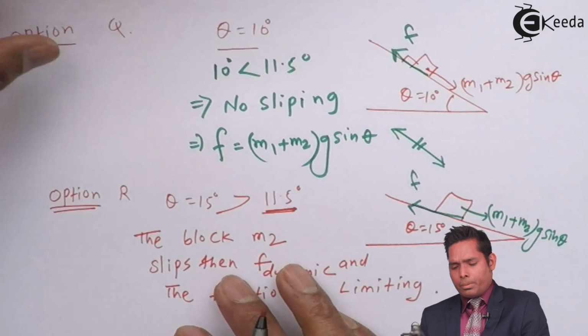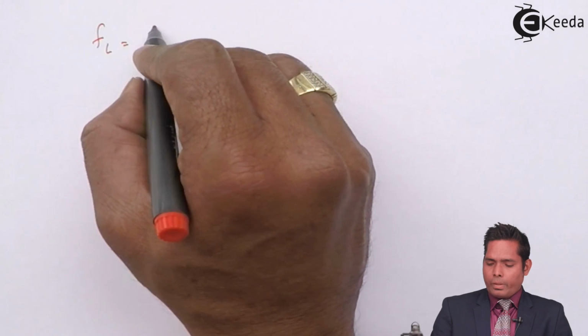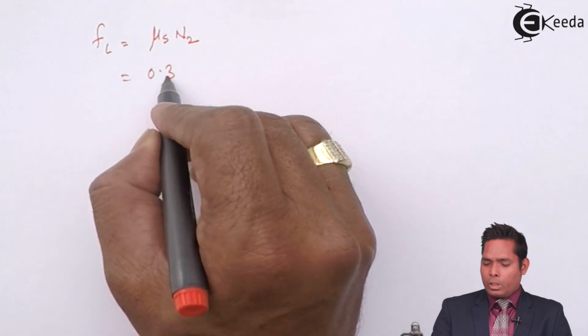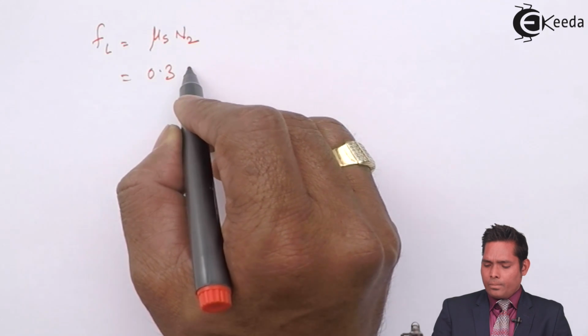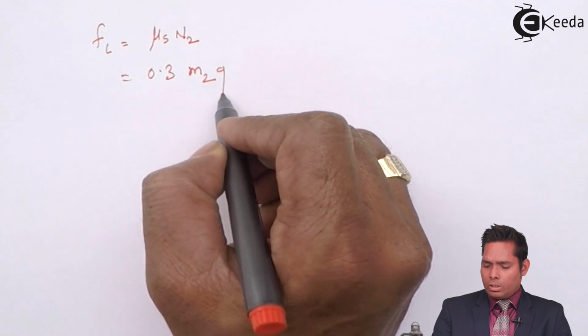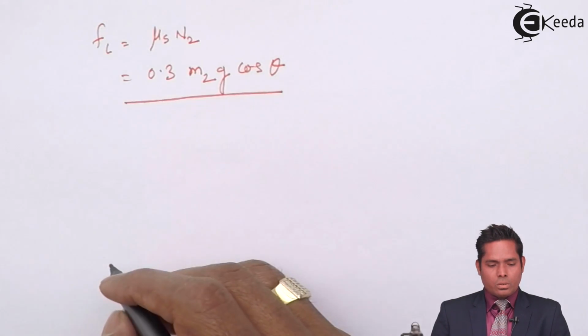The limiting friction will be mu s into N. N is N2. Mu s is 0.3. N2 we have calculated, that is m2 g cos of theta. This is the situation.